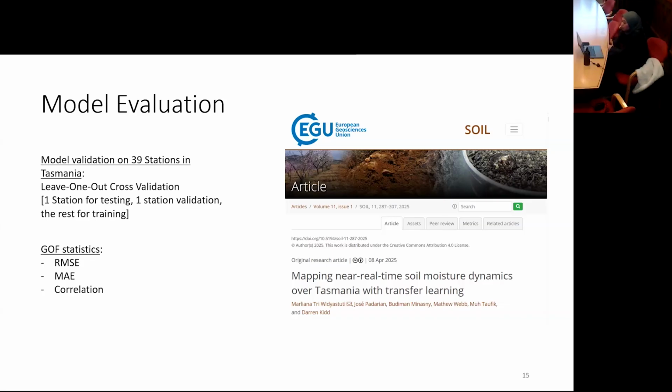For the Australia models, because we already did the cross validation on the Australian datasets, we only apply the models to the 39 stations in Tasmania, but we calculate all the goodness-of-fit statistics for each station, so we have the same distribution to compare. All of this process has been summarized in a paper that was just published two months ago, if you want to have a look.